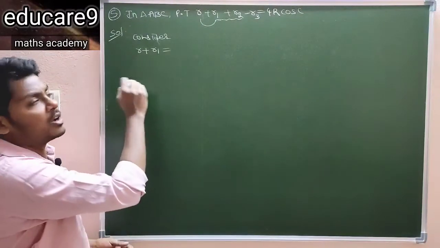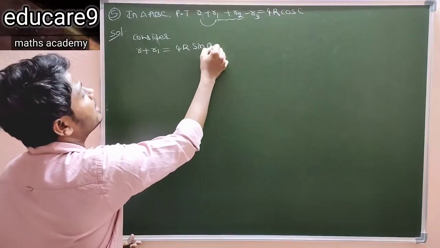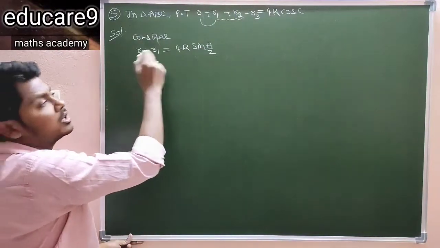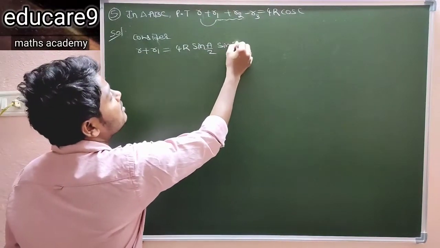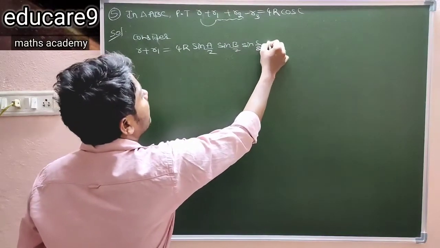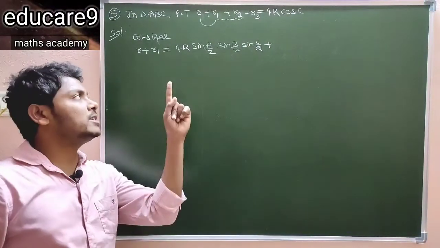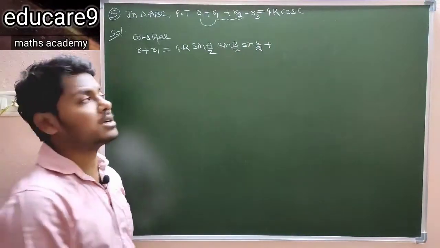So see here, what is the small r formula? 4R sin A by 2, sin B by 2 and sin C by 2, plus small r1, suffix is 1. So clearly the first term is sine and the remaining two terms are cos.